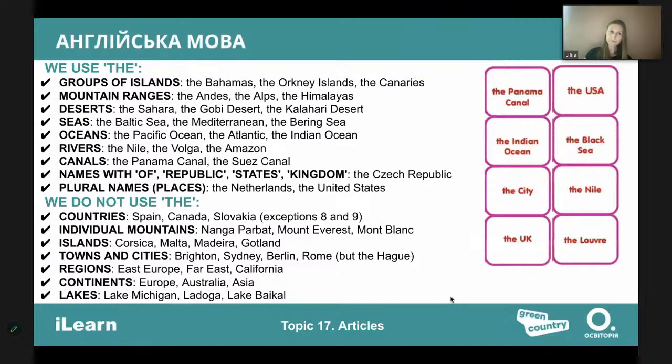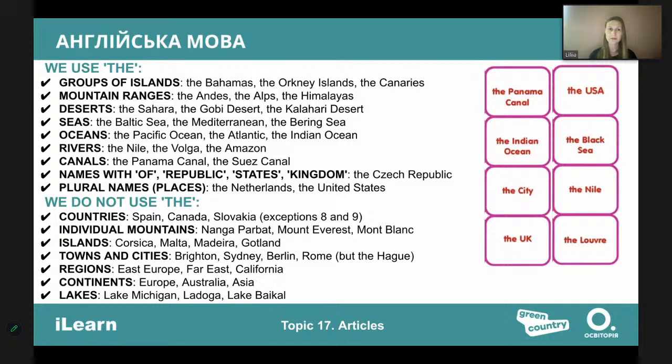When? Look here, we again have the same rules, but let me explain one more time. So, groups of islands or groups of mountains or mountain ranges, article the. Deserts, пустелі, article the.